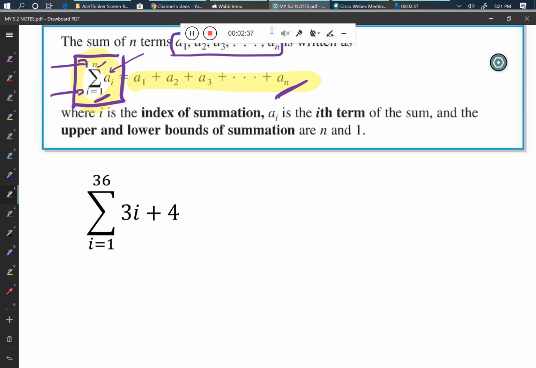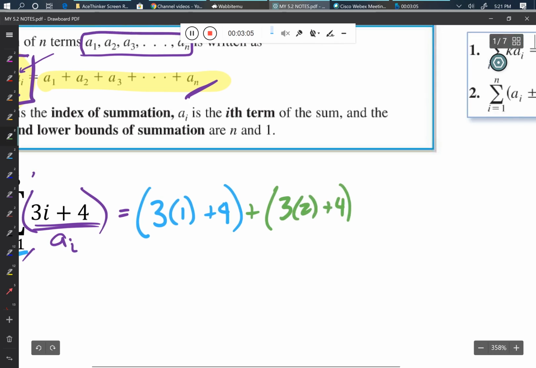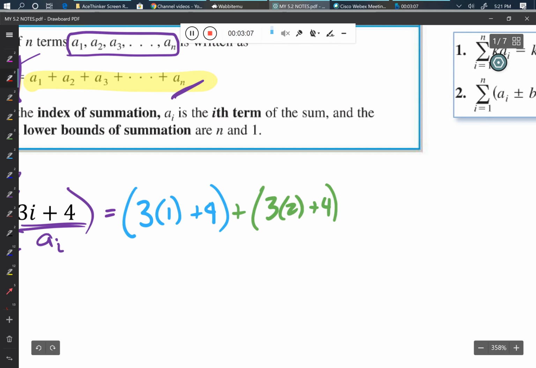So let's take a look at what that looks like. What would this mean to do? Well, there's our sequence. So these are the A sub i's. Start with the first one, stop with the 36th one. So this means start with the first term, and I'm going to do it in light blue, which would be 3 times 1 plus 4, because the i says start at 1, and then add to that the second term, which would be 3 times 2 plus 4, and then add to that the third term, which would be 3 times 3 plus 4, and then I'm going to keep going, and when am I going to stop?